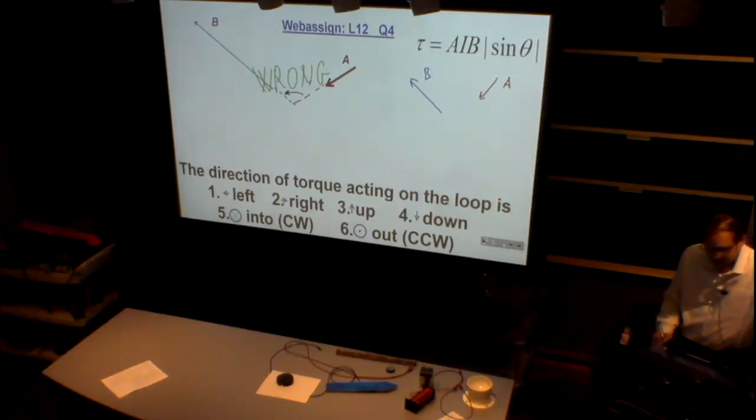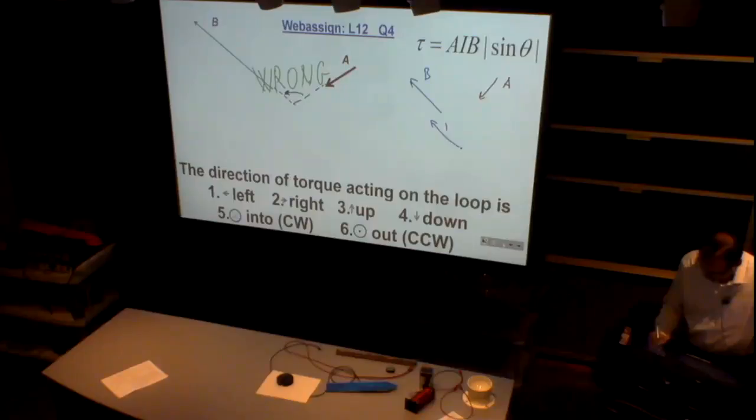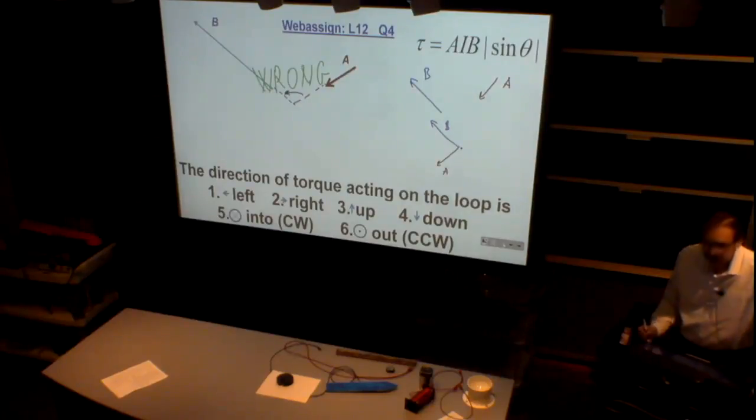So the action has to be drawing from the same point. So this is what I can do. Choose a point and redraw each vector. Of course, I could just move one vector to another one. And this doesn't require thinking. It requires knowledge of a definition. This is the angle between two vectors.